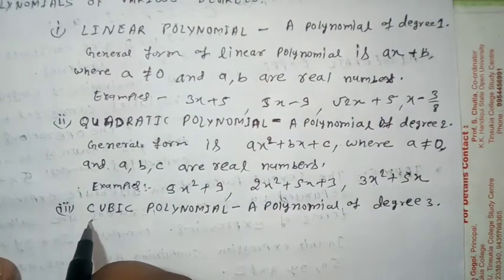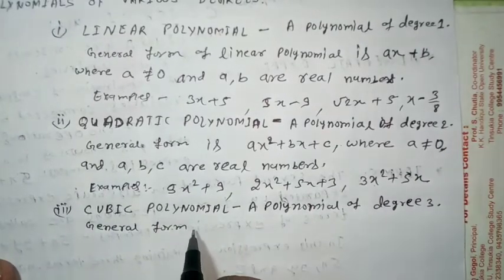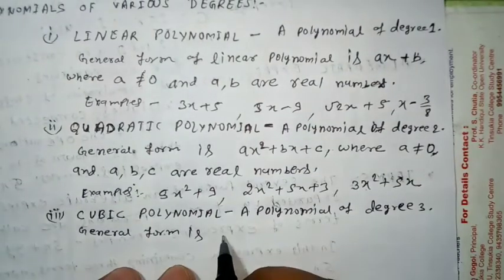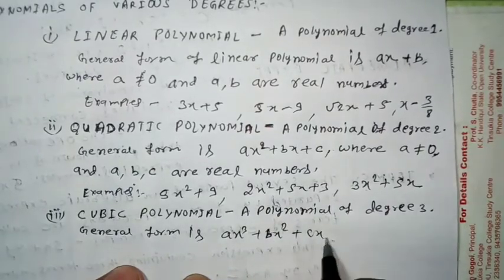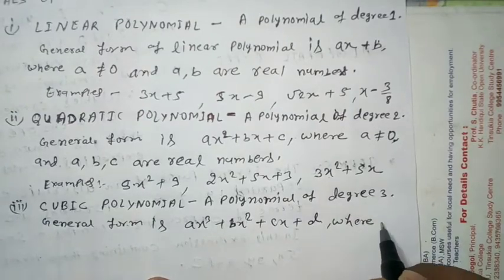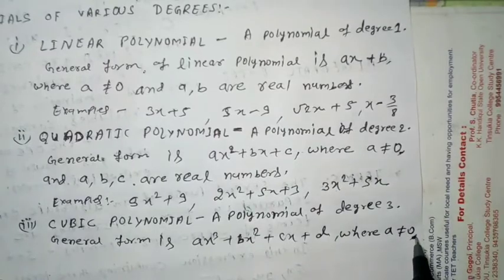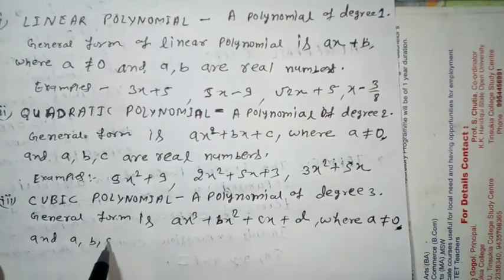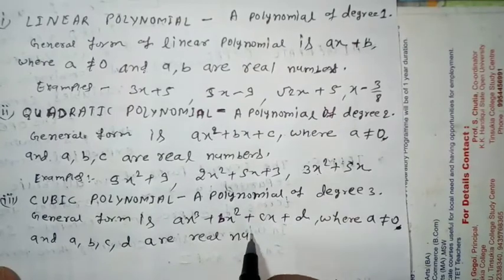General form, in variable x, is ax cube plus bx square plus cx plus d, where a does not equal 0 and a, b, c, d are real numbers.